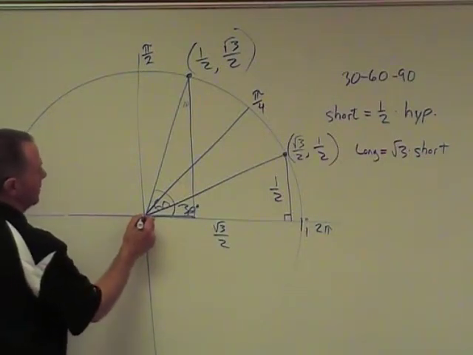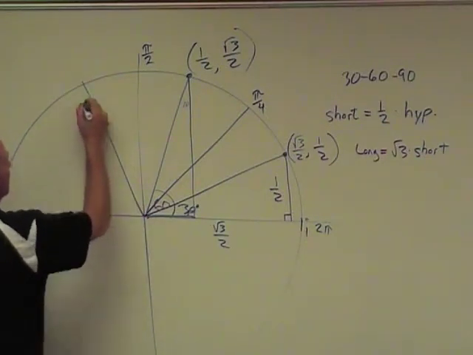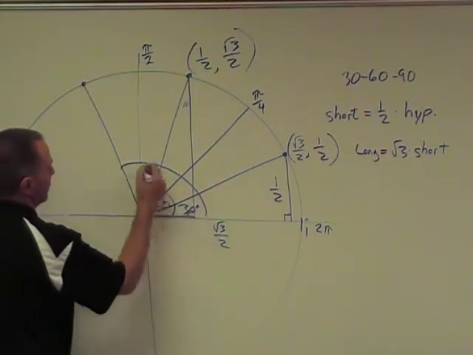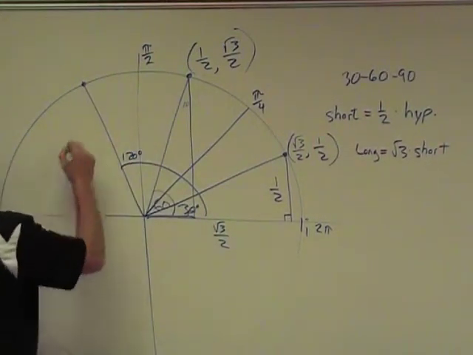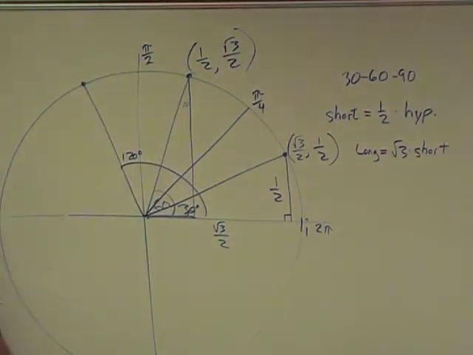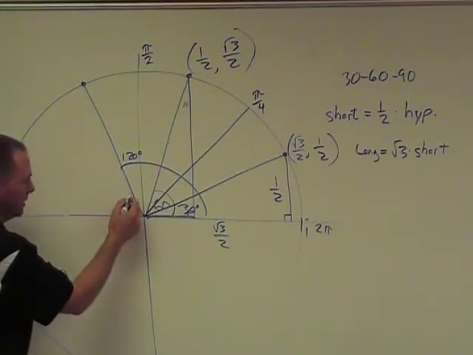Okay, so what if I said this? 120 degrees. I want to know what this terminal point is. Here's what I want you to think of. What's your reference angle? 60 degrees. Reference meaning, what is this to the x-axis?